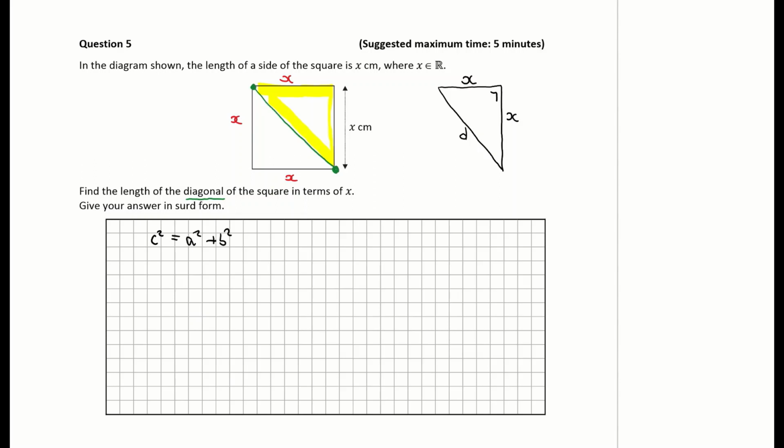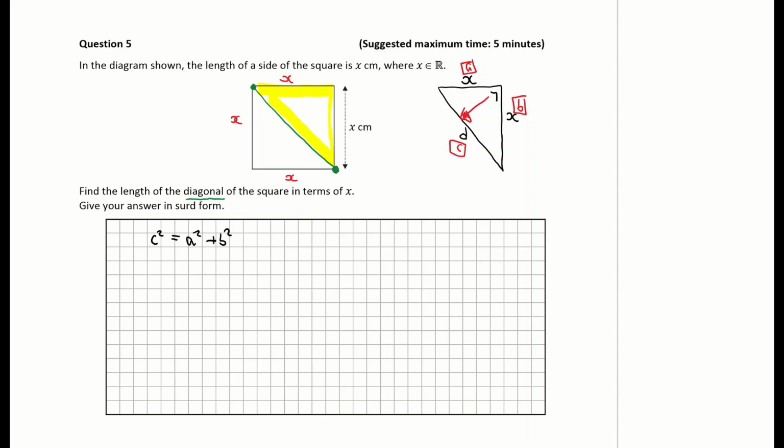That's taken from our log tables. The c is always the side that's opposite the 90 degree across here. So I'm just going to put a little c beside the d. Don't mix up all these letters. That d just stands for diagonal. Then my x and my x are the other two sides in the shape, which are now going to be called a and b. You don't worry which one is A and which one is B. The main one you have to get right is the C, which is across from the 90 degree.